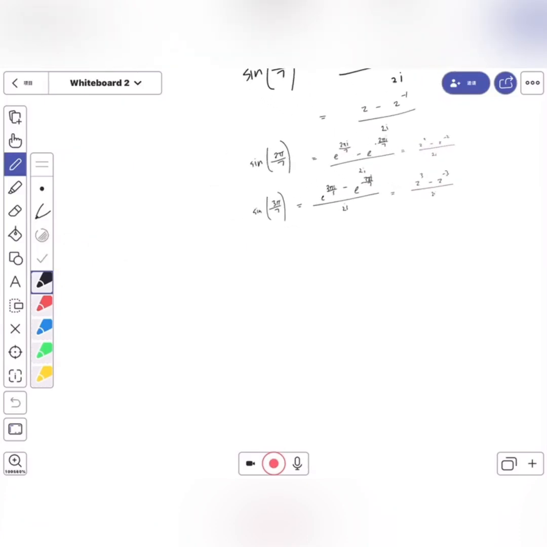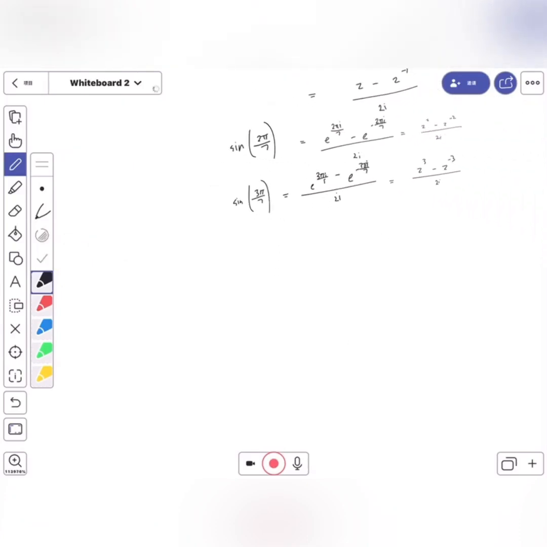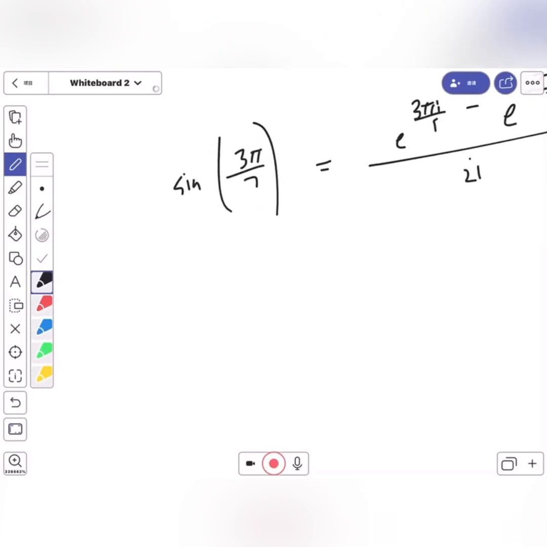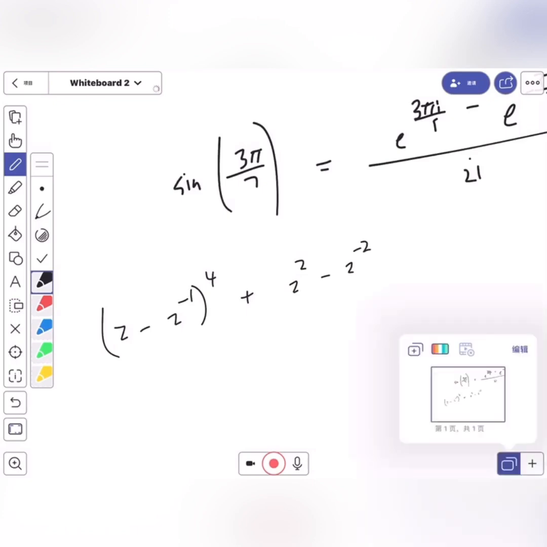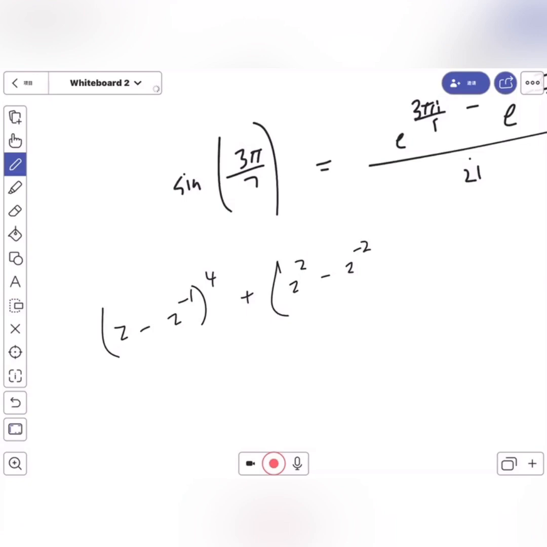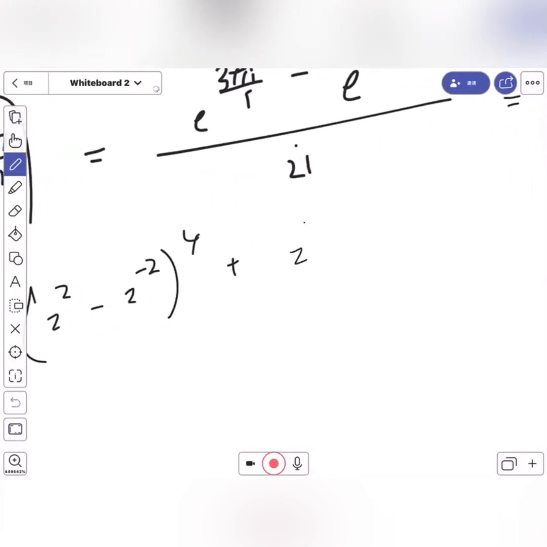So now we can just add the sum of the fourth powers up. That is simply z minus z to the negative 1 to the fourth, plus z squared minus z to the negative 2 all the way to the fourth power, and then plus z cubed minus z to the negative 3 to the fourth power.